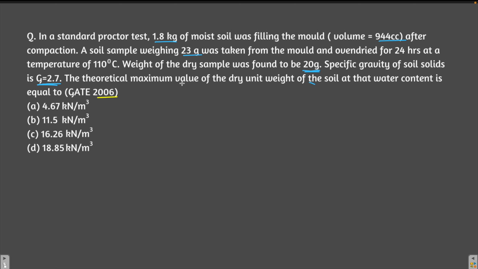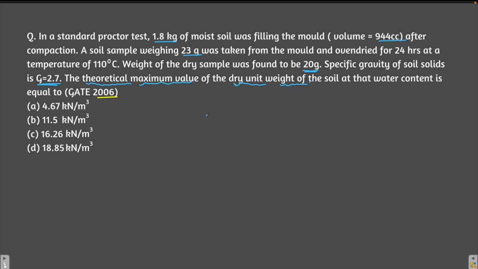The theoretical maximum dry unit weight, what are they asking? The theoretical maximum dry unit weight of the soil at a water content equal to. Let's see the question. First they have given you 1.8 kg of moist soil filled in the mold, the mold volume was given, and the soil sample weighing 23 grams.